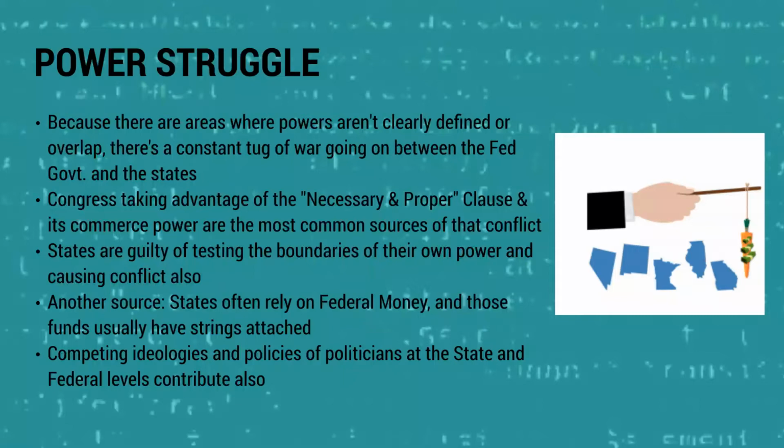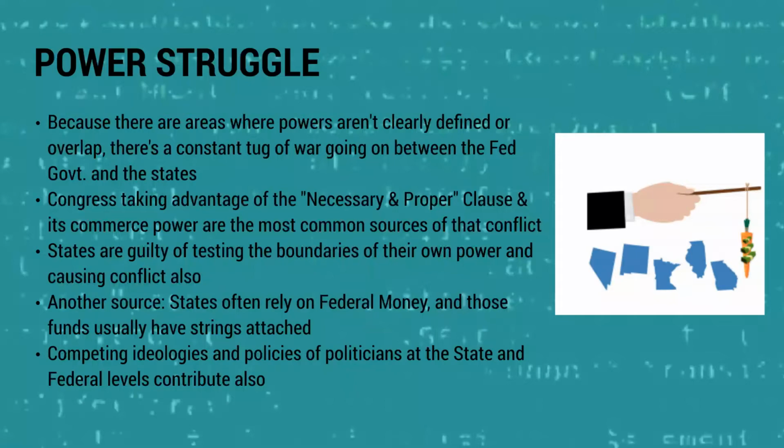The states are requesting more money, more help, more funding. A lot of times when money is given to the states, the federal government makes requests or demands. They give criteria. And it's called having strings attached. And states don't like being told what to do with that money. And that creates conflict as well.